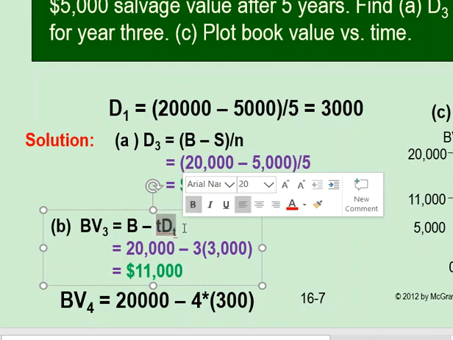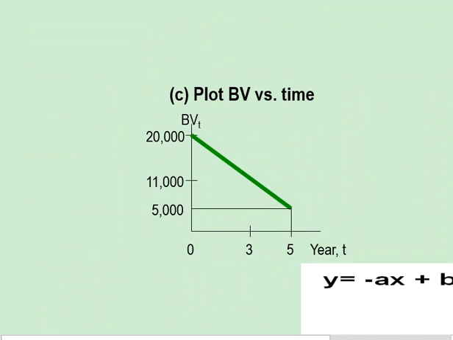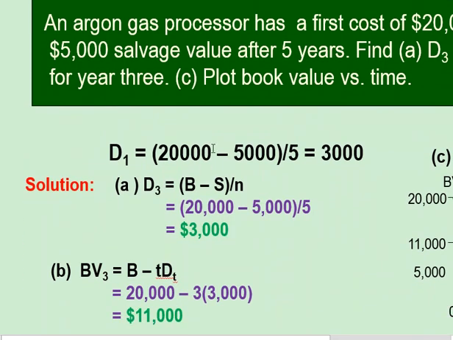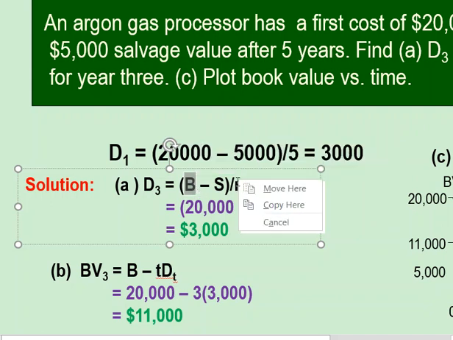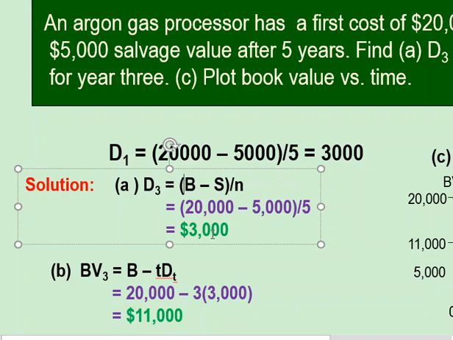So the summary here: depreciation in a straight line is constant. The only thing changing is what? It is not N, it is not S, it is not B. What's changing only is the book value.